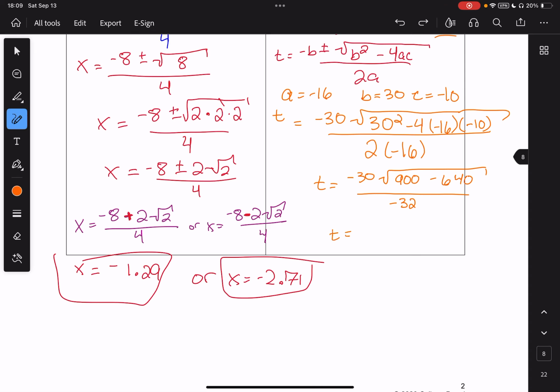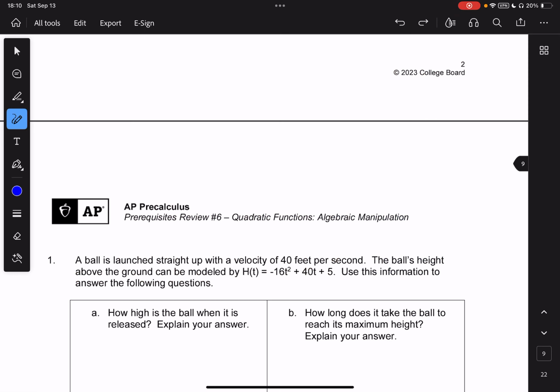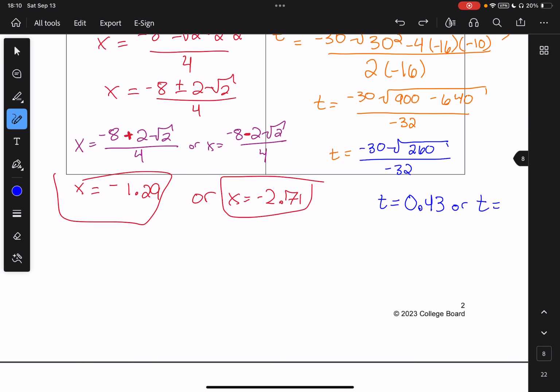So t is equal to negative 30, plus or minus the square root of 900 minus 640, 260, all over negative 32. So now we have to round to the nearest hundredth. So we get t is either 0.43 or t is 1.44. So those are our two values for t.